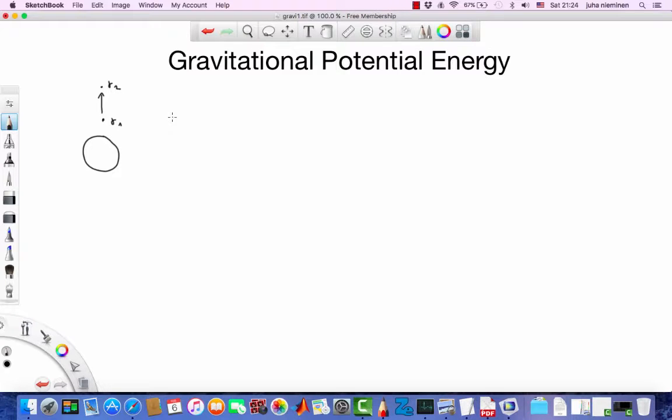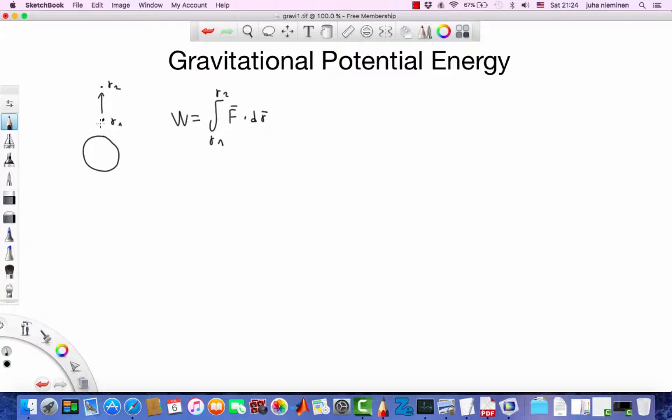In that case, the work done by gravity on the object that is moving is the integral from initial position to final position of the force dot product with the direction of movement.